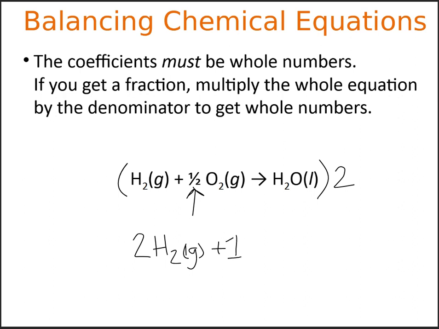So normally you don't write in the 1, but I'm going to write it in here. So you can multiply both sides of the chemical equation to get rid of the fraction.